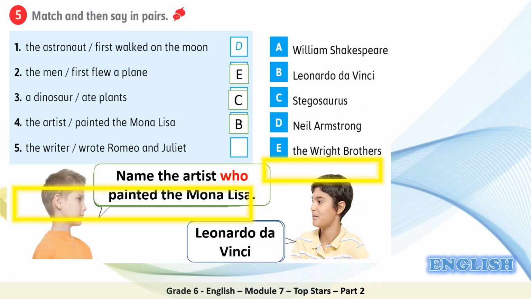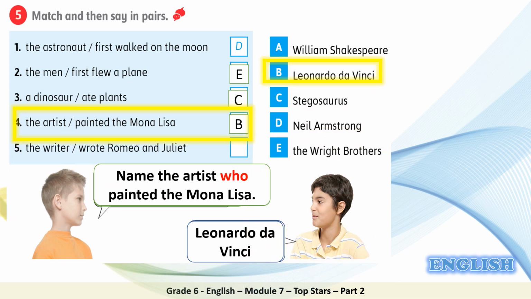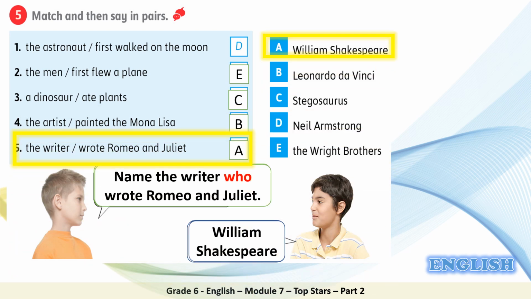Number 4, with B, correct. Name the artist who painted the Mona Lisa. Leonardo da Vinci. And finally, number 5, name the writer who wrote Romeo and Juliet, of course, the famous writer William Shakespeare. Well done, everyone. Good job.